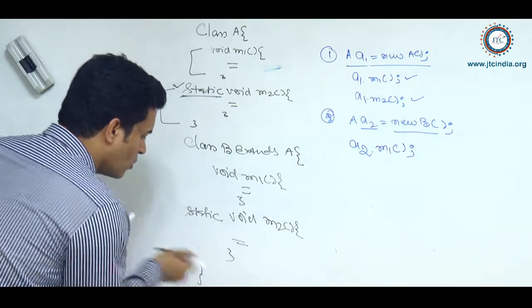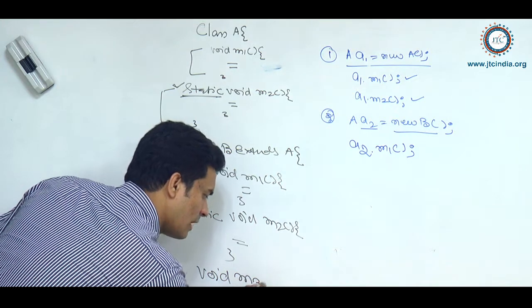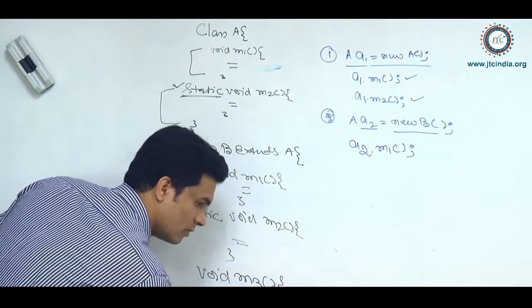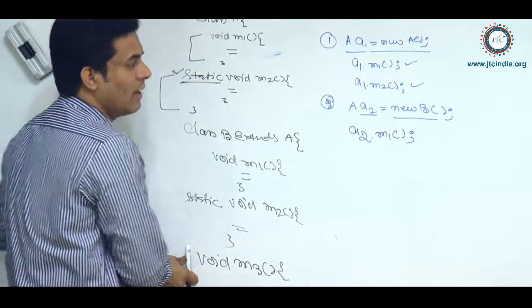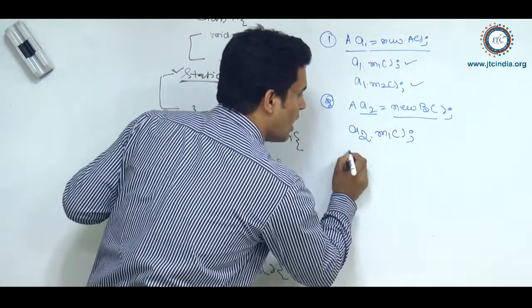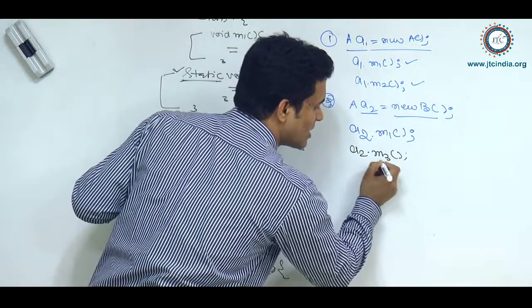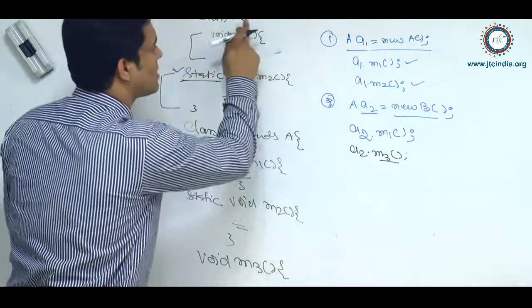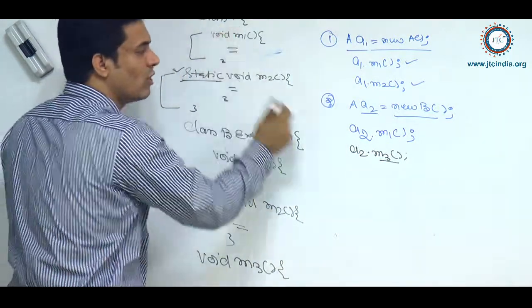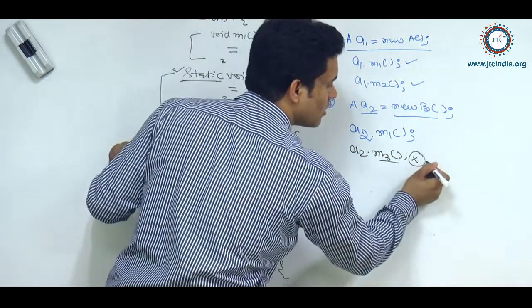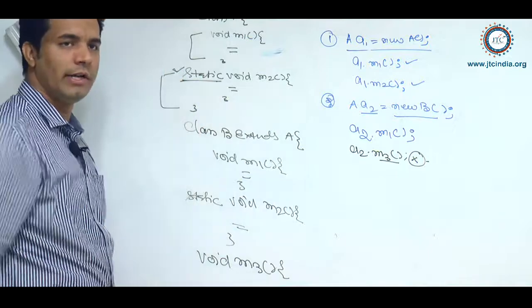Suppose you add a void M3 method in class B and call A2.M3. It will search whether the M3 signature is there inside class A, and if it is not, it will give you the error: cannot find symbol.